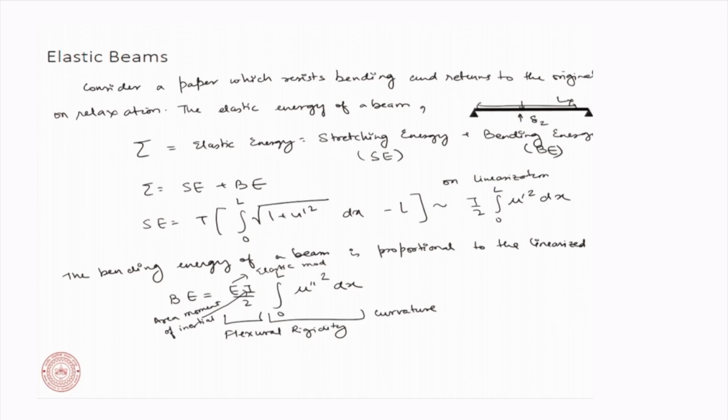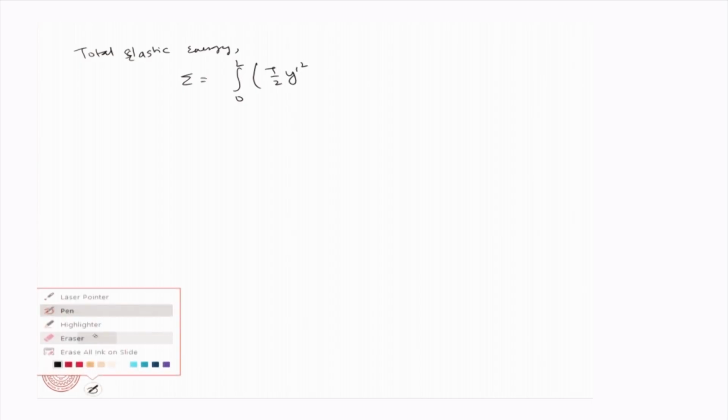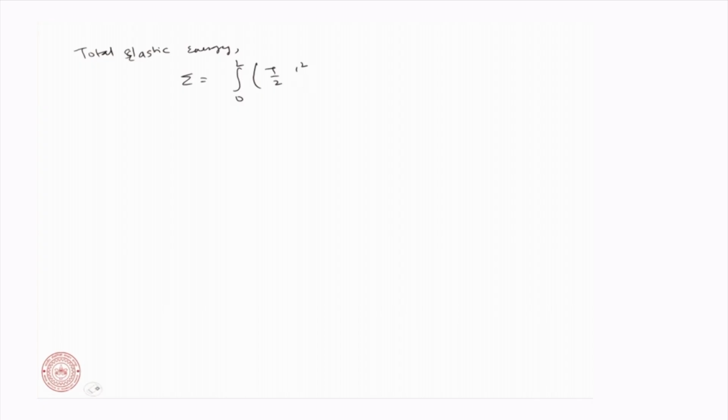All right. Now, we can put everything together into our total energy. The total elastic energy is therefore integration from 0 to L of T by 2 u prime square plus E I by 2 of u double prime square dx.